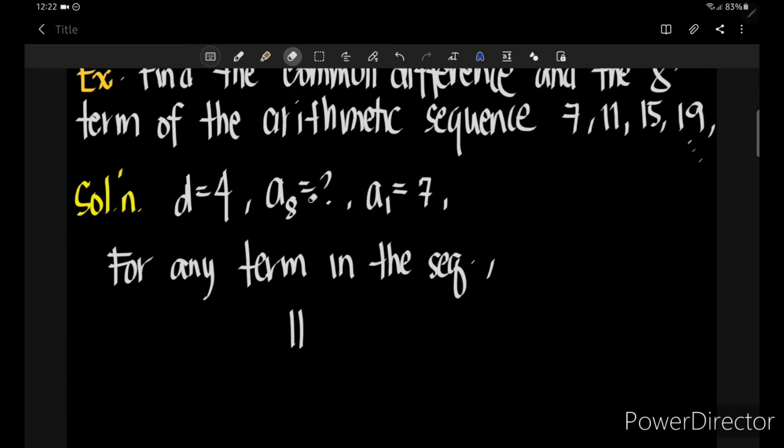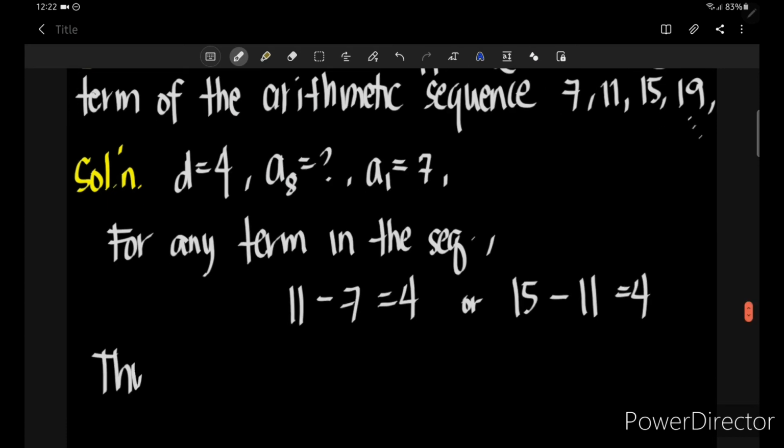Subtract natin siya doon sa previous term na si 7, makakakuha ka ng 4, right? Or pwede natin gawing 15 minus 11, still meron pa din tayong 4. Thus, d is equal to 4.